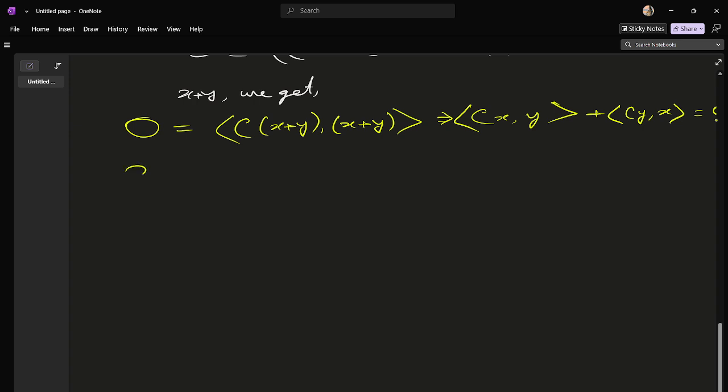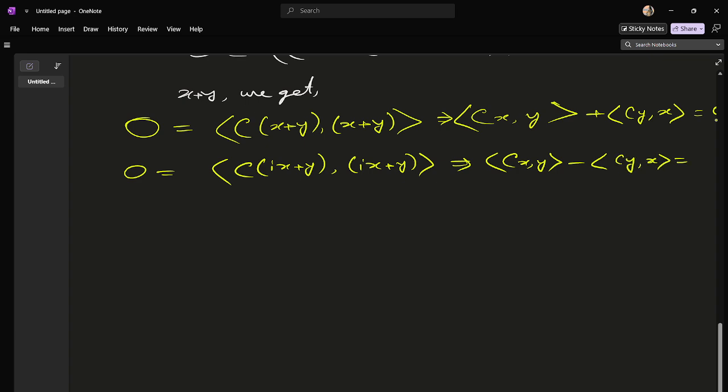So now another thing, 0 equals C(ix plus y), ix plus y, that is equal to what? Then the minus case will occur. So Cx, y minus Cy, x will be equal to 0.